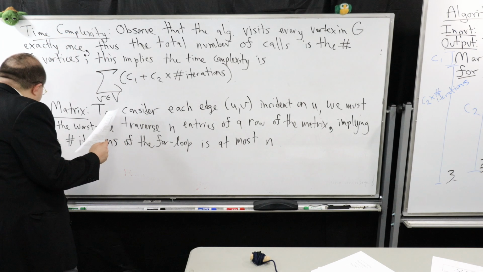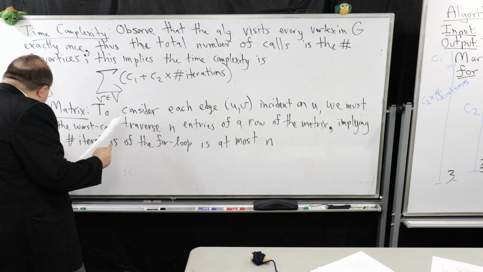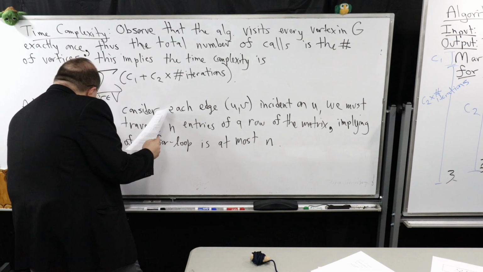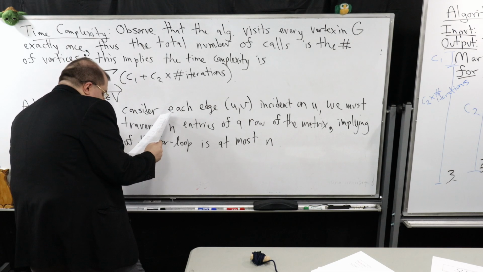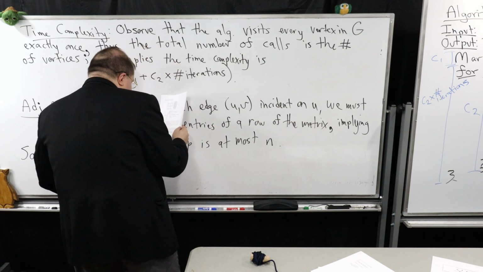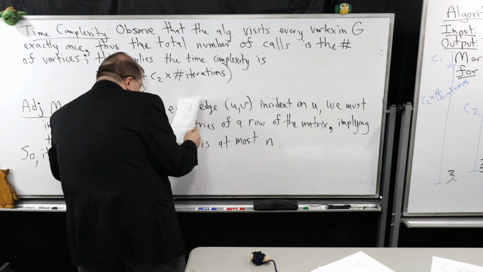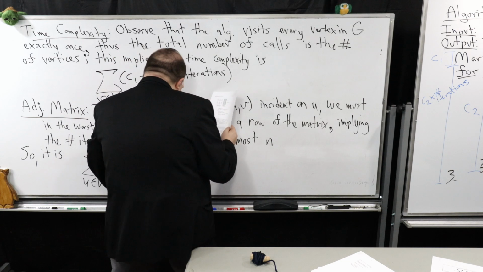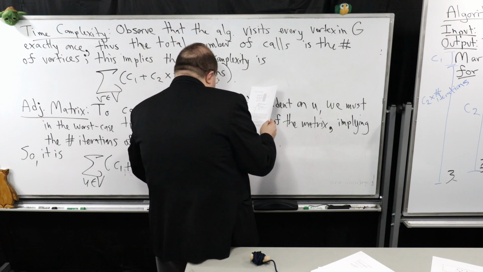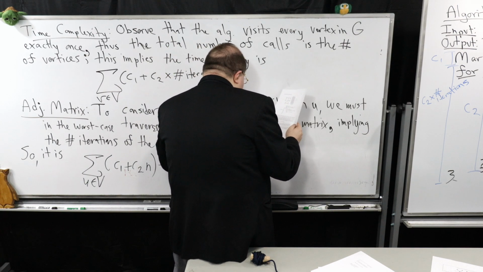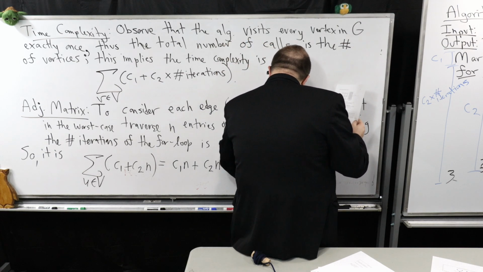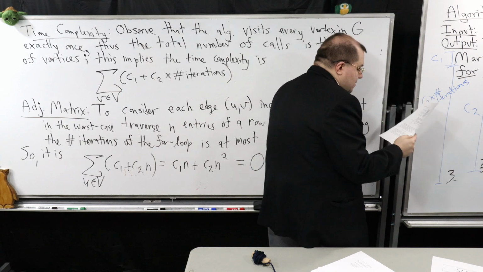So it is the sum over all the vertices of C1 plus C2 times n, which if you expand this out, is C1 times n plus C2 times n squared, which is big O of n squared.